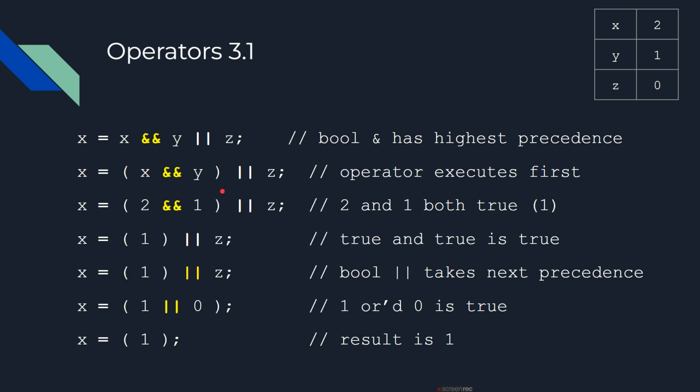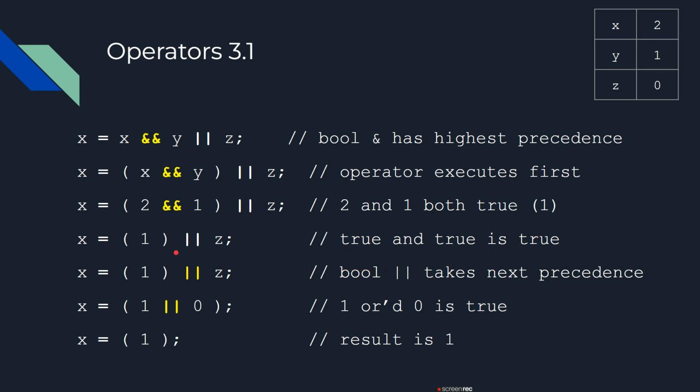We can see that the two operands are x and y, replacing x and y with their values of x being 2 from the previous initialization and y being 1. We can see that the result of the Boolean logic AND operation, 2 ANDed with 1, is true or 1.